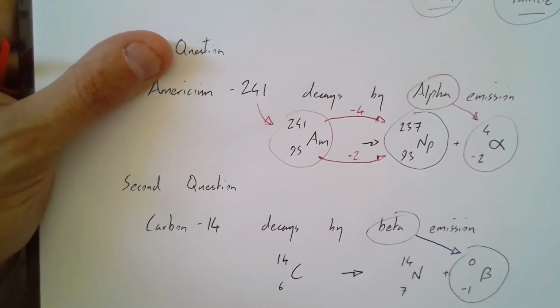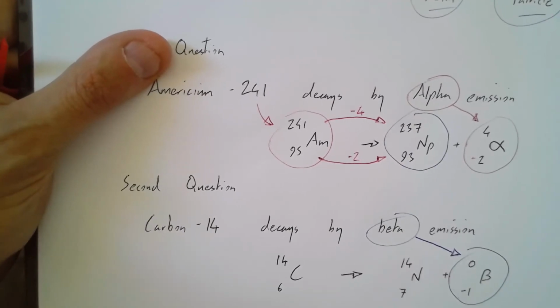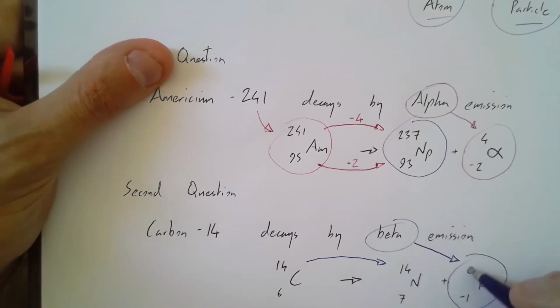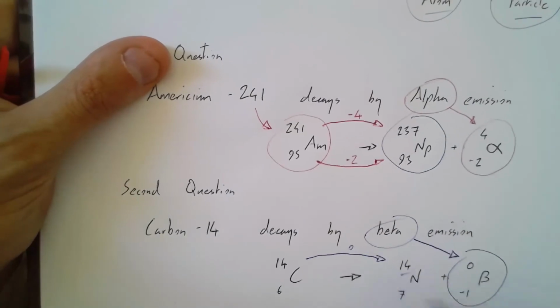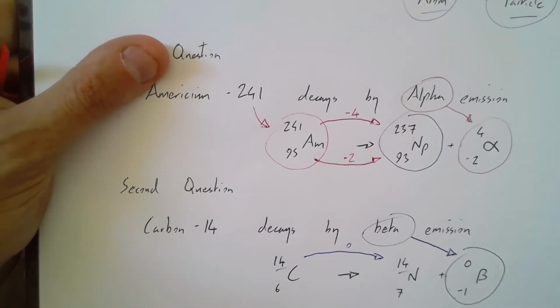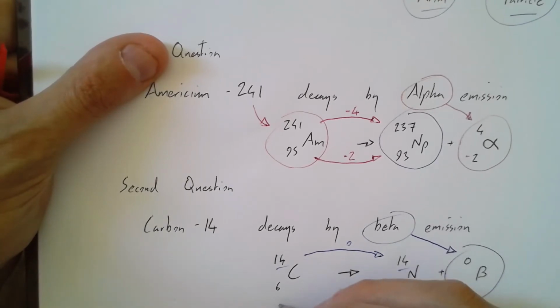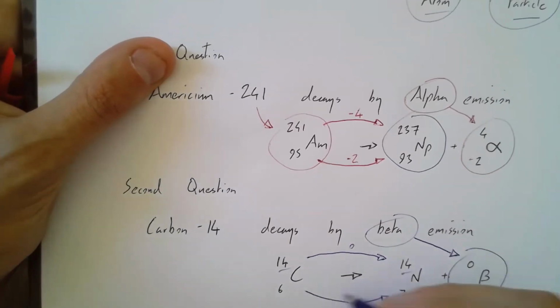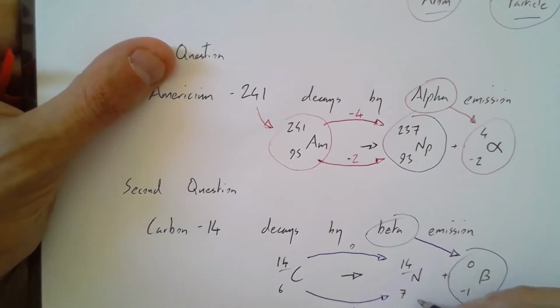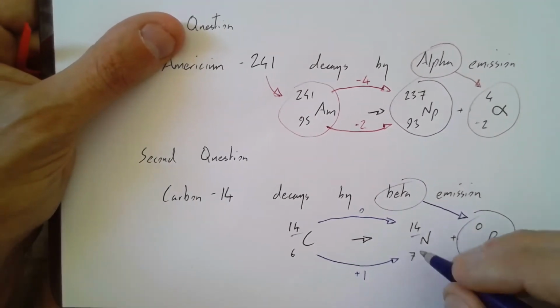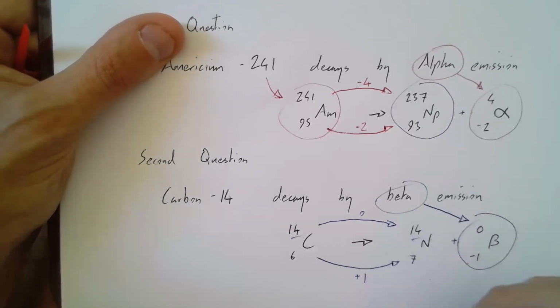So, as you would expect in a similar way, for the mass number, because beta particles do not have mass, that stays the same. But at the bottom, -1, we're actually losing an electron, which means that we need to add a proton at the bottom here. So the proton number goes up by 1.